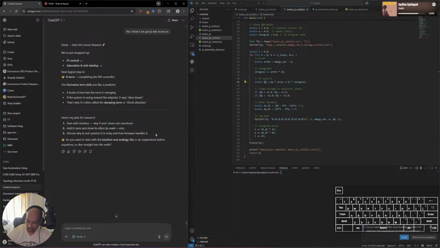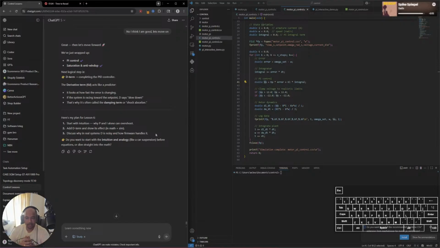If the system is racing toward the set point, D says slow down. Okay. Got 1 minute left. That's why it's often called the damping term, like a shock absorber.